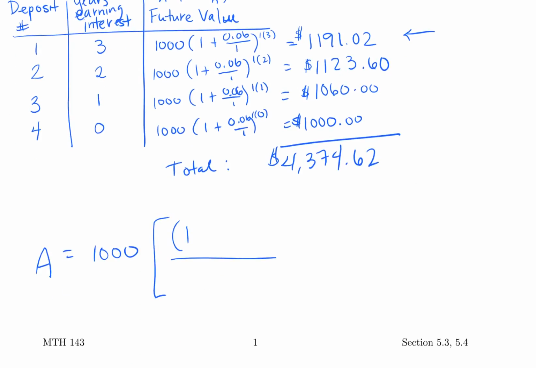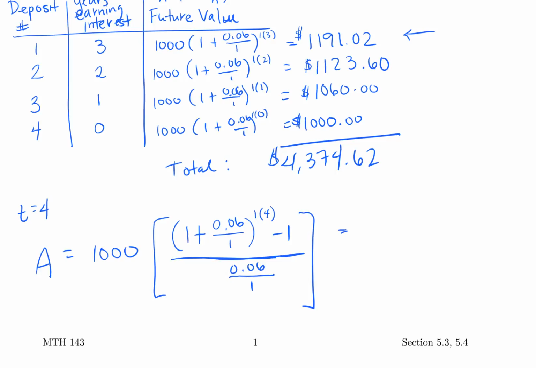So we have 1 plus our interest rate, 0.06 over 1, raised to the 1 times 4, because we are looking at interest after 4 years, and then we subtract 1. This is all in the numerator. And then in the denominator, we have r over n, so 0.06 over 1.